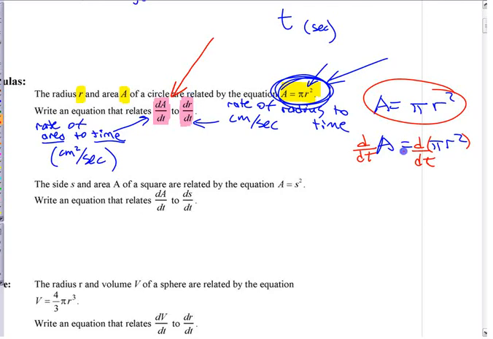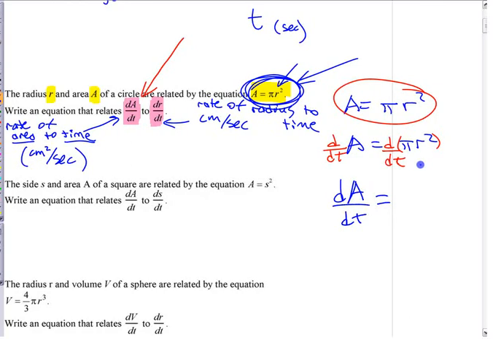What is that side? How do I write that? The derivative of A I just write as dA/dt, right? That's one of the things we're looking for. What about the other side here? We're going to need the chain rule.